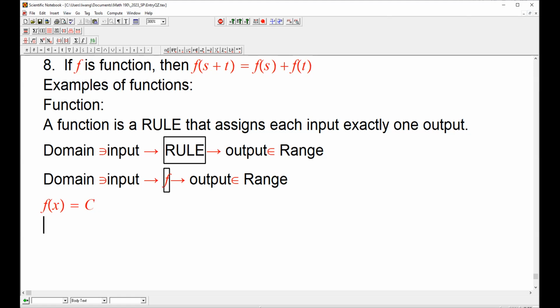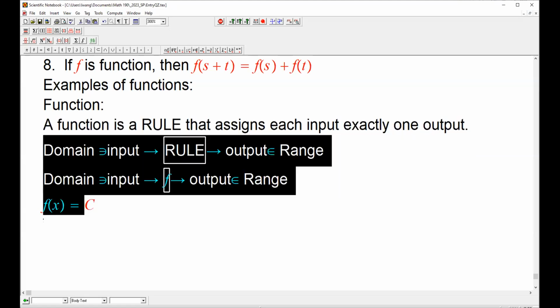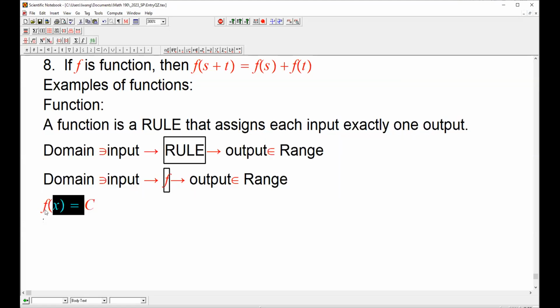I'm going to give you a group of functions that you have seen before. f of x. All these are rules. Output is the same as input. Output is the square of the input. And all of these functions you get to use.